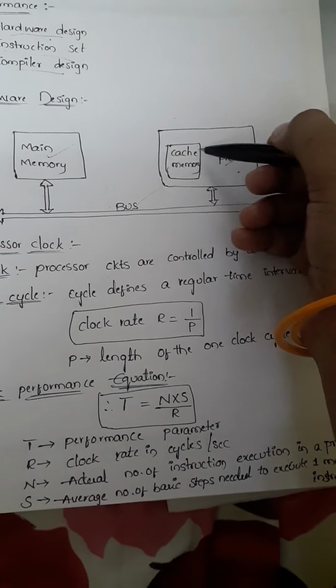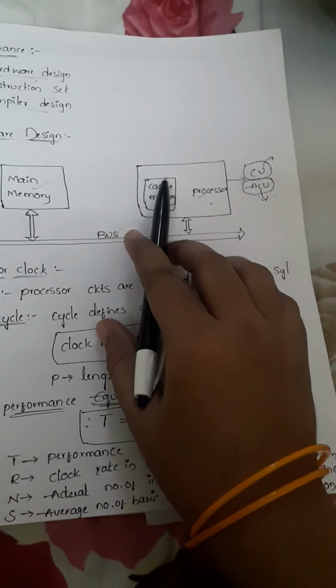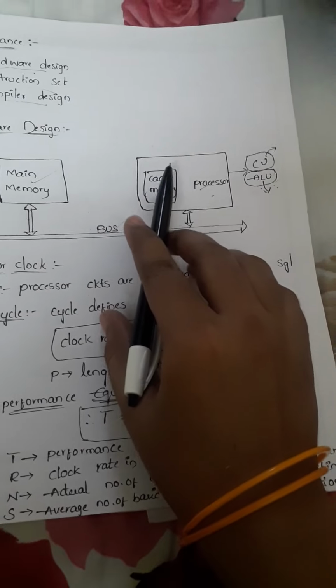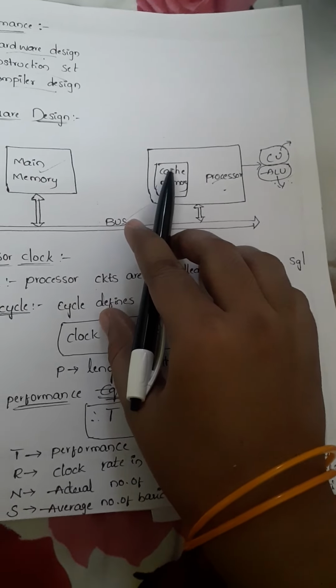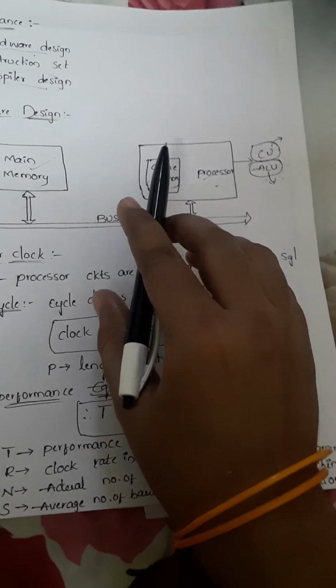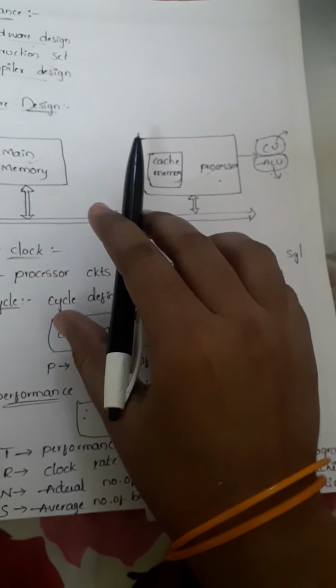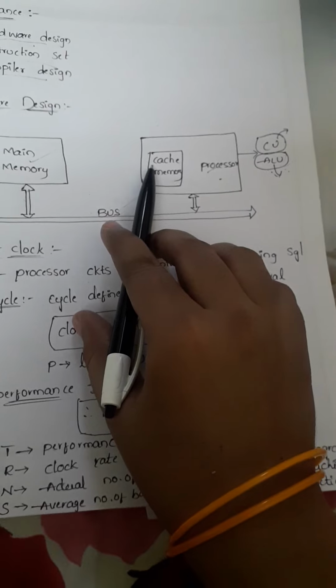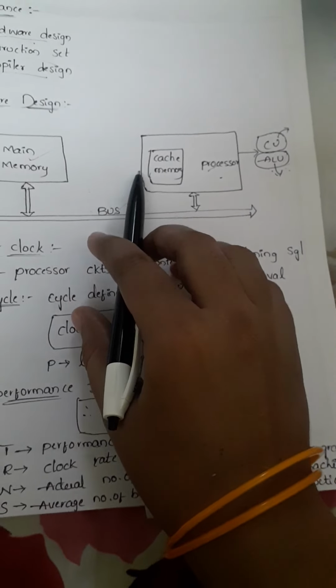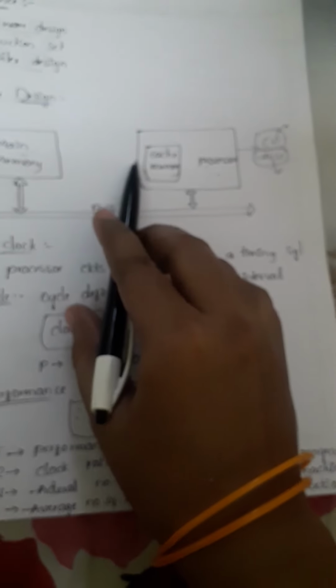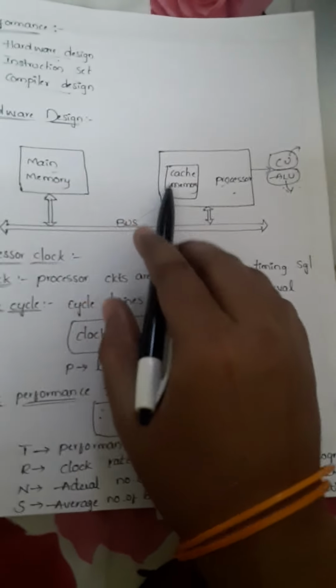And now coming to the cache memory. Cache memory is a very small memory. Why is it used in this system? Cache memory is used to reduce the time to access data from the main memory.